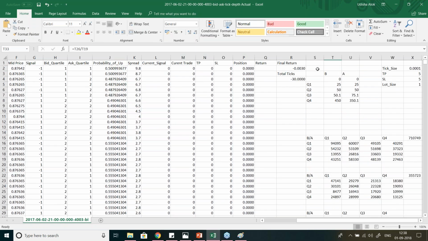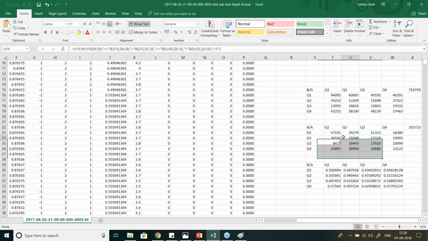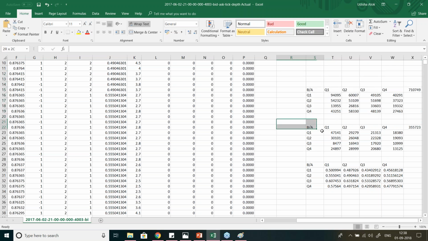Yes. So you have understood how I got these quartiles? You want me to explain this probability one? Okay, so you have understood how I counted all the bid and ask quartiles? You have understood how I calculated the signal one, like how many times it has gone up? So if I say that there are 94,000 observations total, where the market is in Q1 and Q1, right?